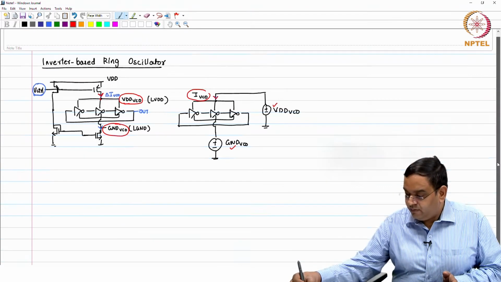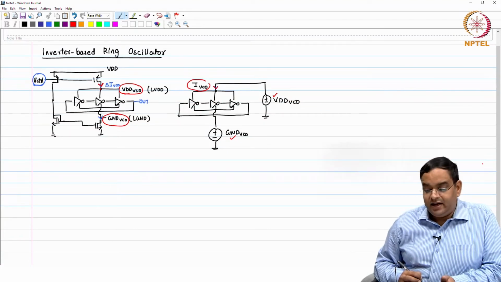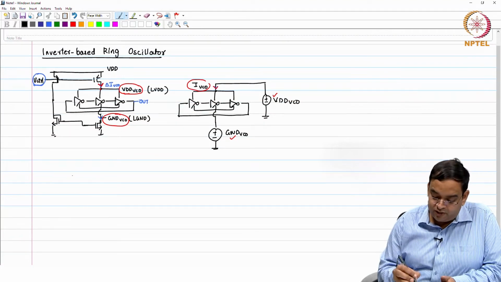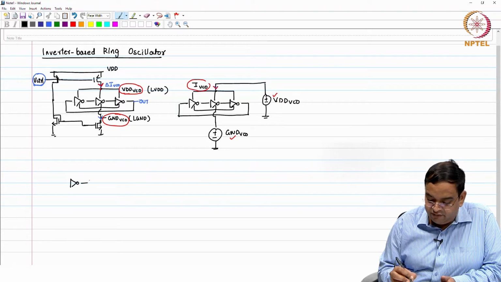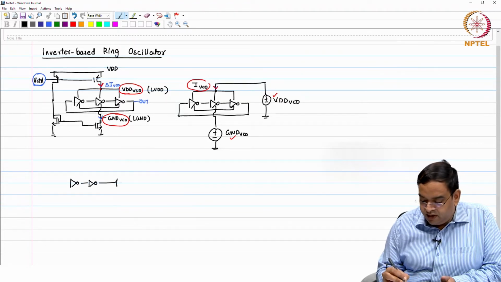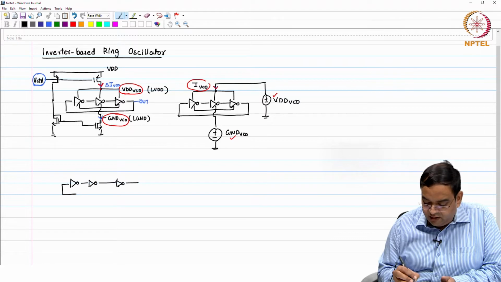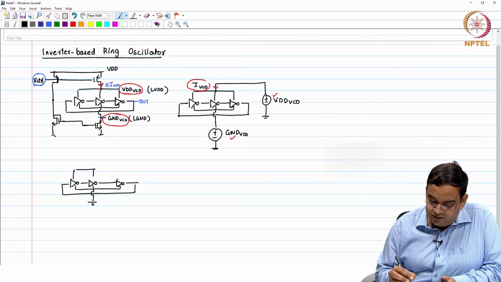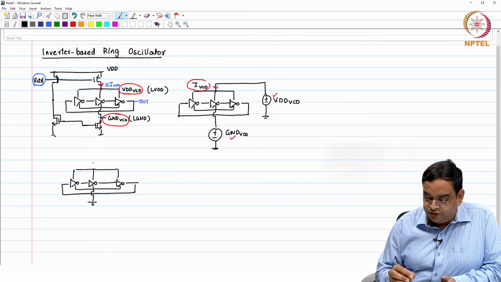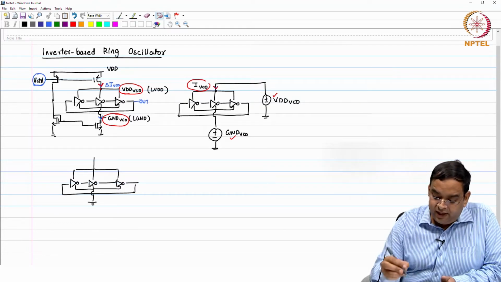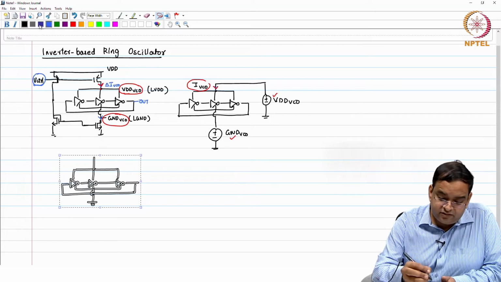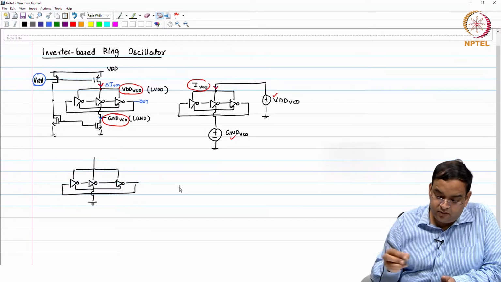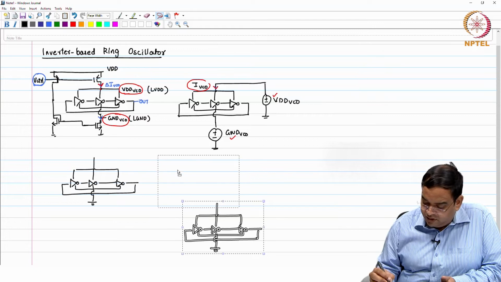If you simplify it further, say I have this ring oscillator connected like this, where one of the nodes can be ground or some other potential. I am connecting it to ground for an easy circuit diagram. If I take this oscillator and make a copy of it, you have this oscillator.